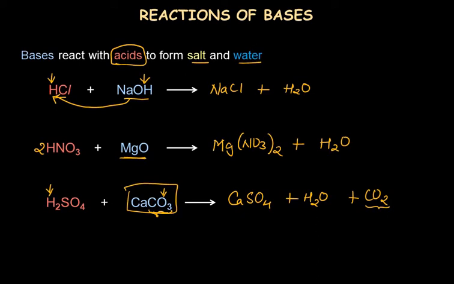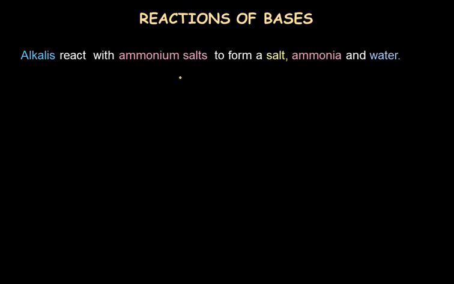Now let's have a look at one more type of reaction, which is typical for bases like alkalis. Alkalis are soluble bases, and they may react with ammonium salts. Ammonium salts are the salts or compounds carrying the NH4 plus ammonium ion, for example ammonium chloride and ammonium sulfate.